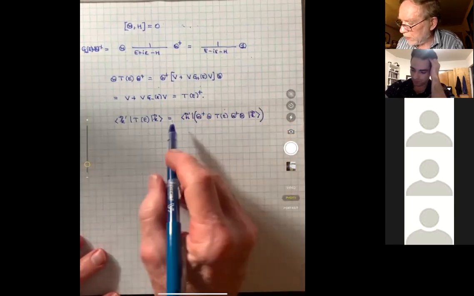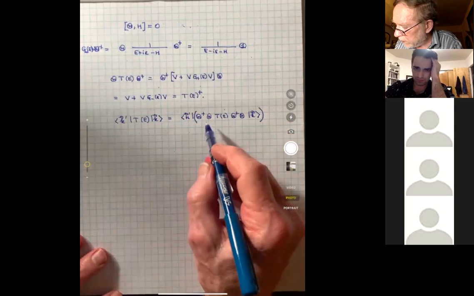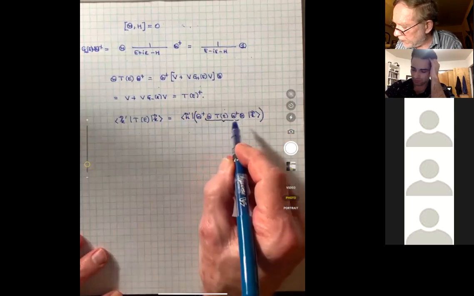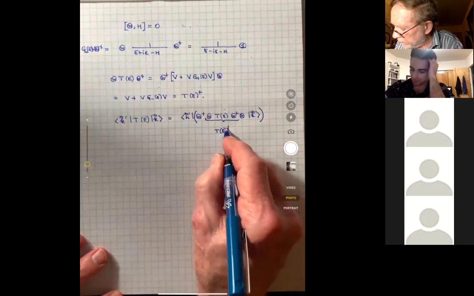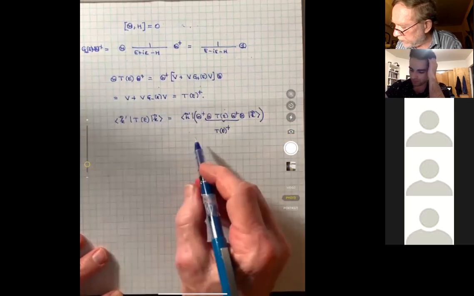So I'll put parentheses in here to make that clear. Now the middle three factors, theta T of E theta dagger, as I just showed you, is equal to T of E dagger. That's just the line up above.